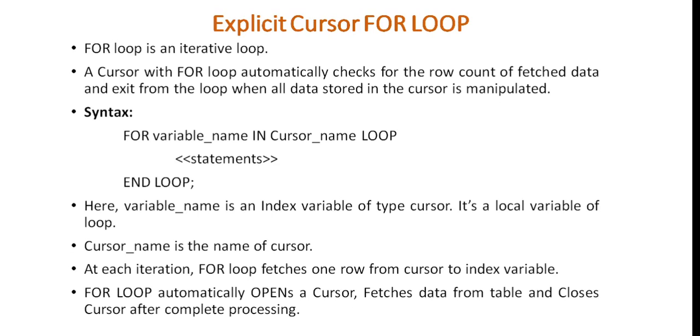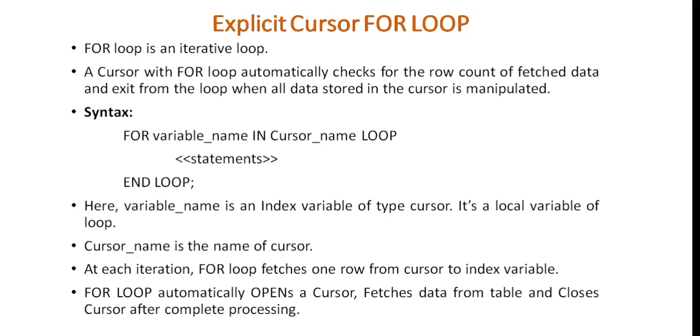At each iteration, the FOR loop fetches one row from the cursor into the index variable. See, after execution of the select query, the data is transferred to the cursor and then the FOR loop fetches one row from that cursor into the index variable for processing. The FOR loop automatically opens the cursor, fetches data from the table and closes the cursor after complete processing.